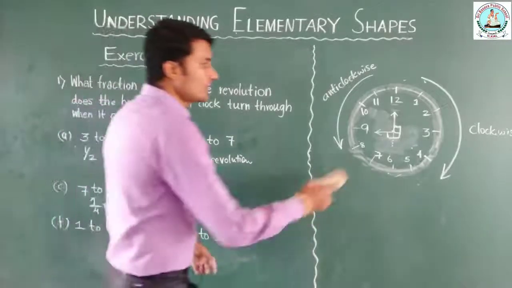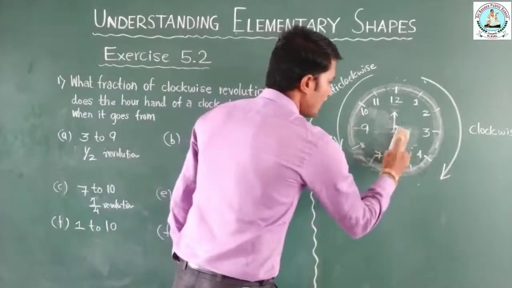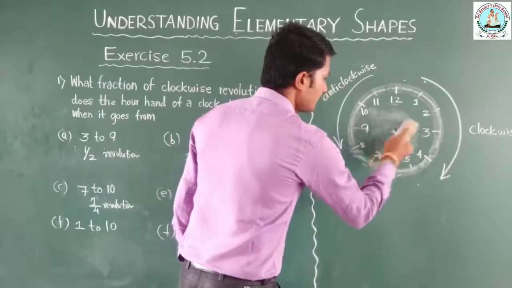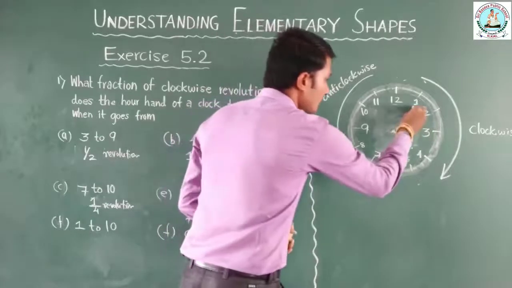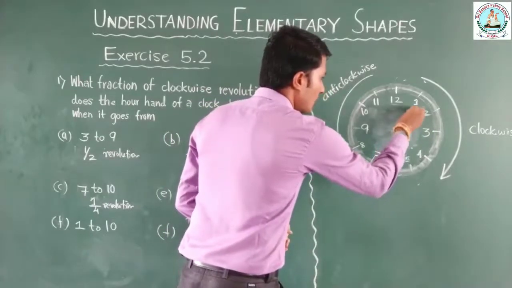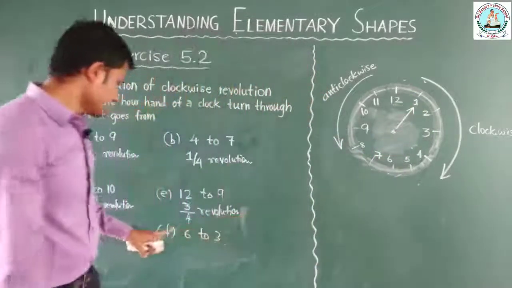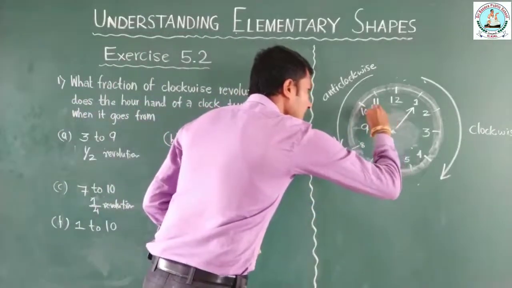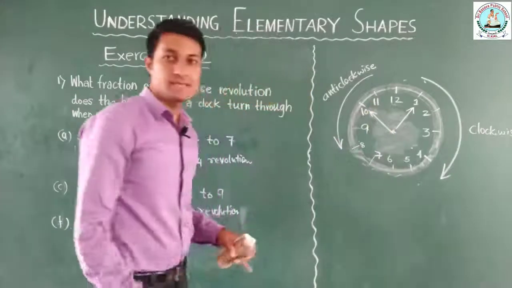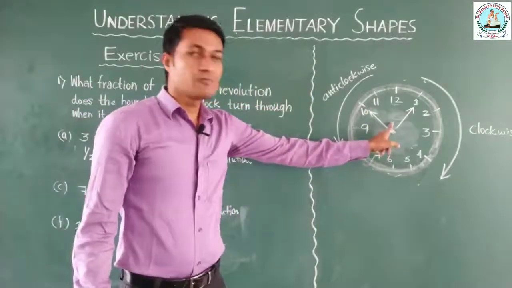Next, 1 to 10. So your starting point is 1 and your end point is 10. Okay, let's go for the starting point. So 10 is here. Some of you might be saying that the answer is 1/4 revolution.